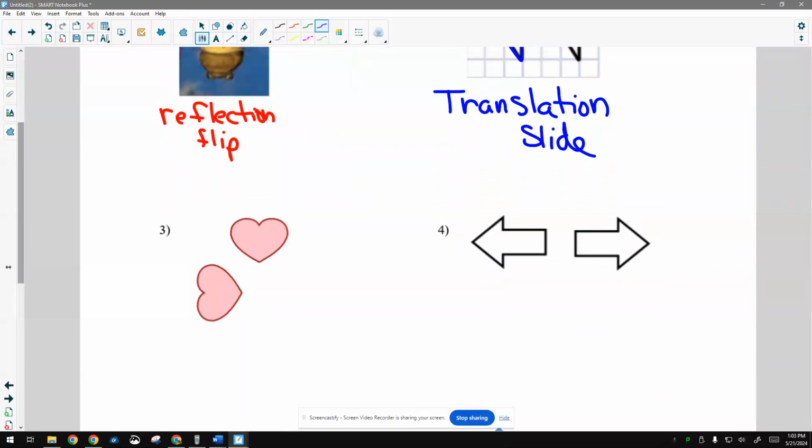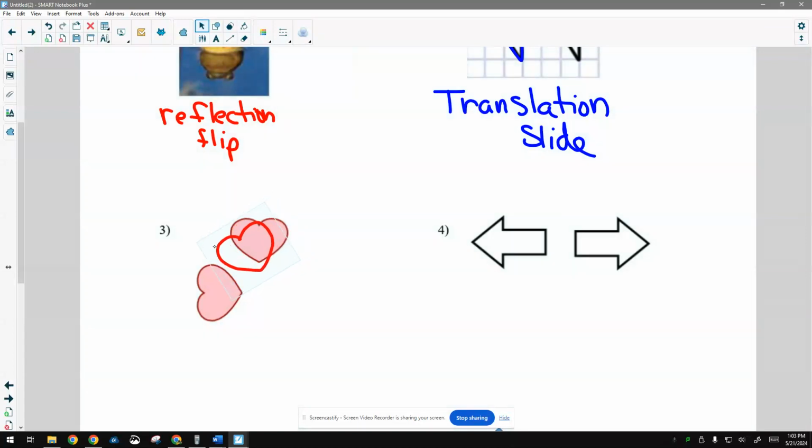Oh, lovey hearts. Lovey hearts, Sarah. This is a turn. I don't know if I can do this. I'll try. I'm going to trace the heart. And if I turned it, so when you turn, you're turning about a point down here.